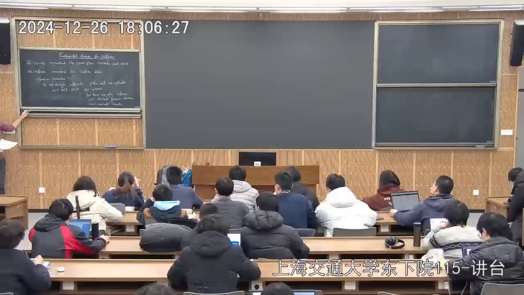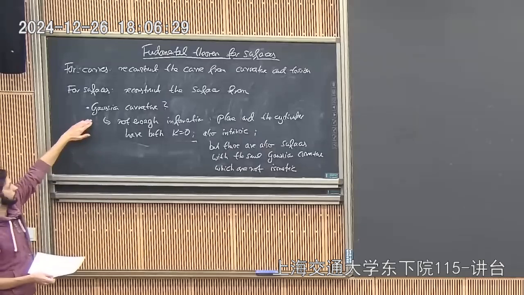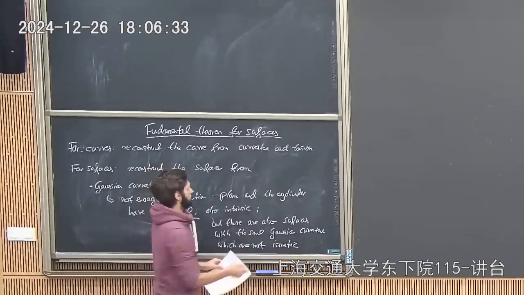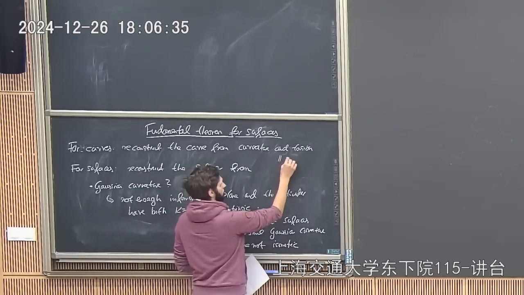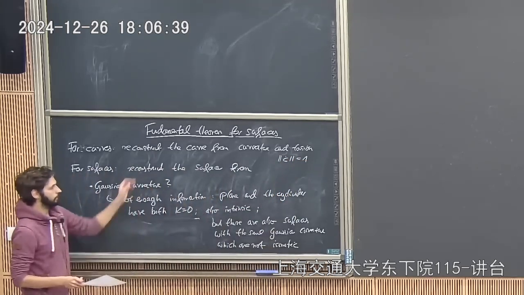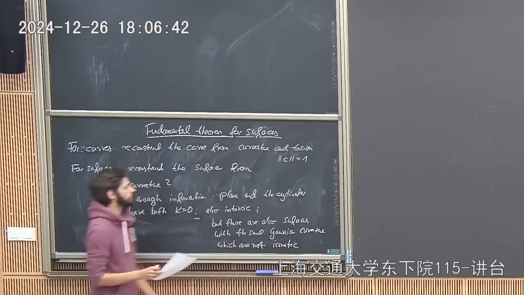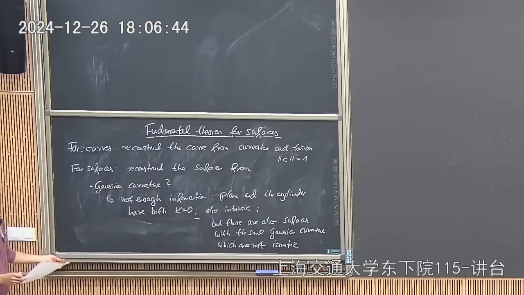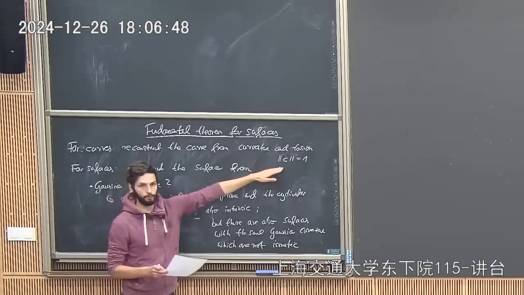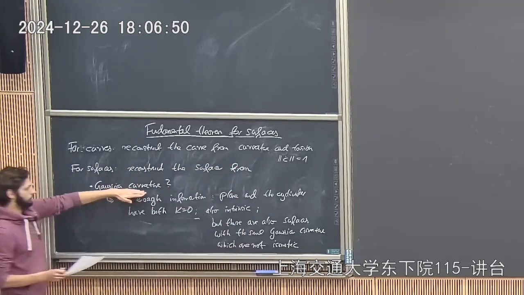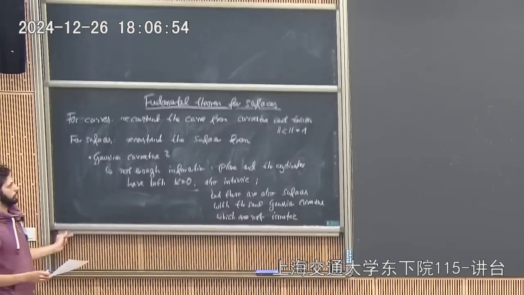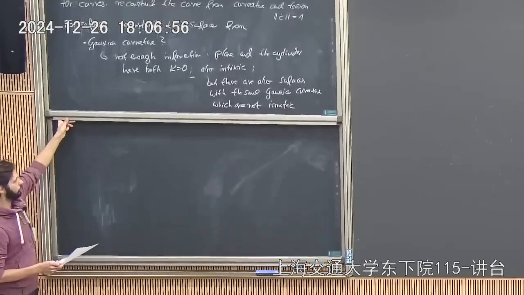You have too many degrees of freedom. It's essentially one function, and we called that the curvature and the torsion. And actually, there was the third function, the constant one function, that we always said we have constant speed or unit speed curves. So even in the case of a curve, I needed to specify three functions. The Gauss curvature is just one function, so it's not enough information just to reconstruct the surface.